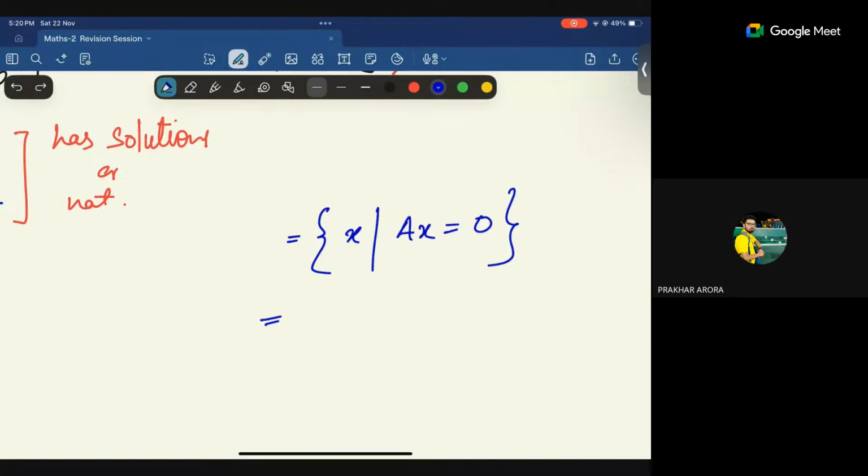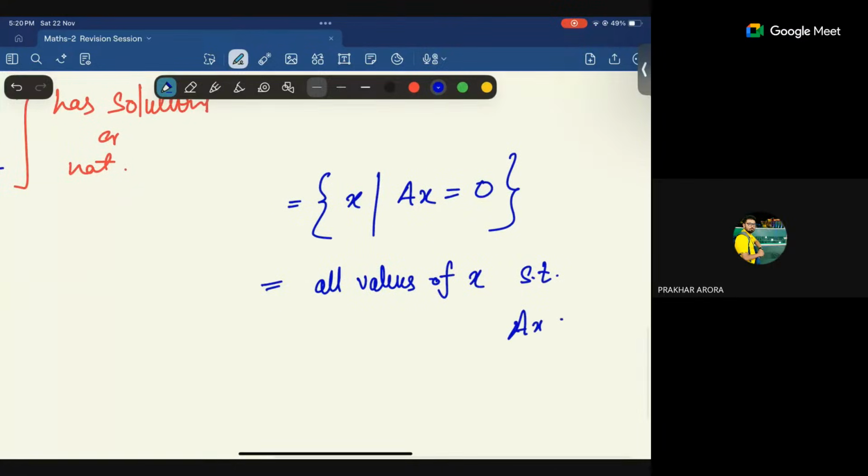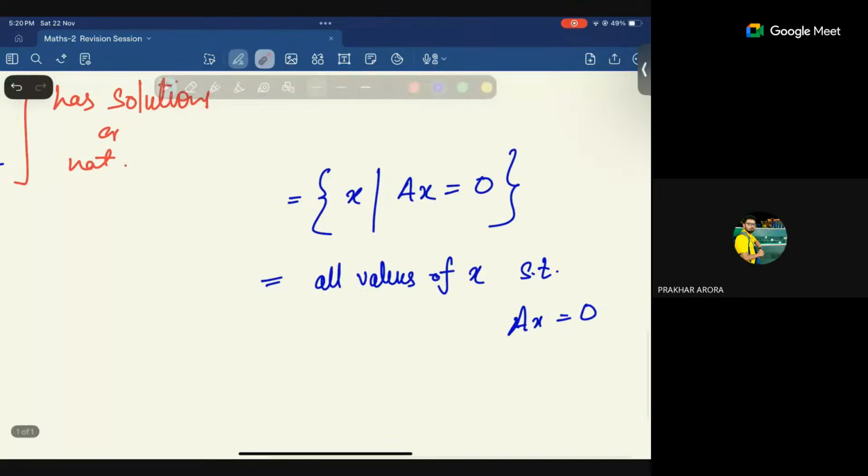Now what is this telling us? This is set builder notation. It says all values of x such that Ax is equal to 0. This is how any set written like this is interpreted, and I hope everybody is clear with it.